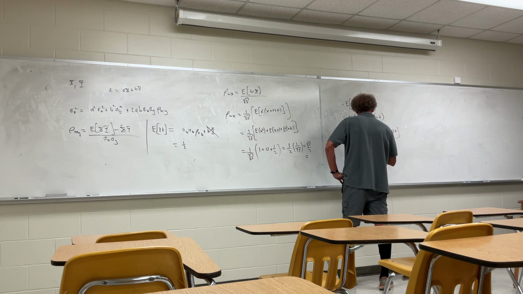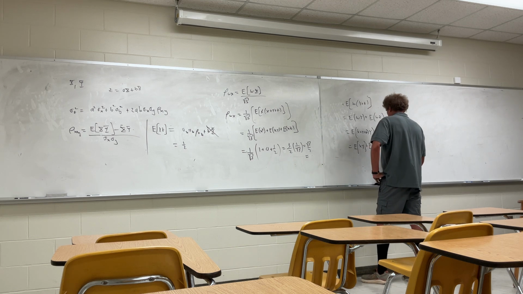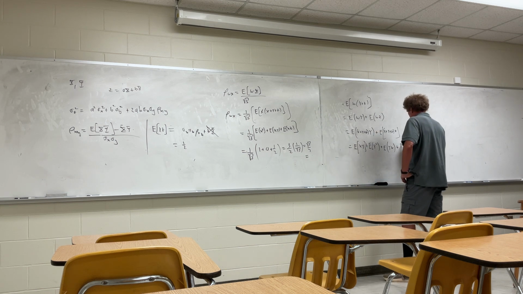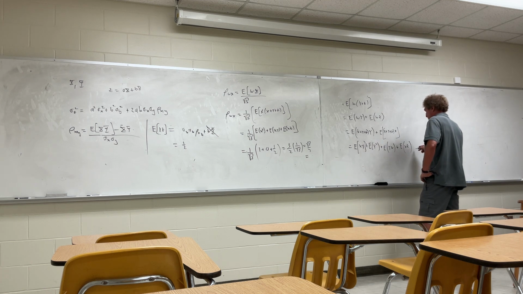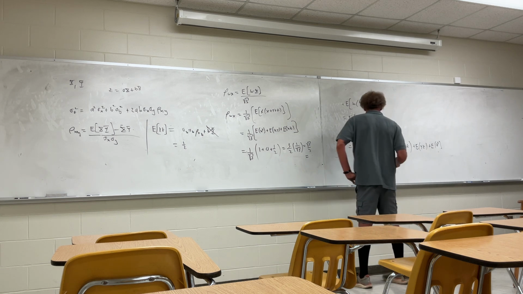So XY plus the expected value of Y squared plus the expected value of YZ plus the expected value of XZ, this is the long one, plus the expected value of YZ. I'm gonna try to cut to the chase on this one, plus the expected value of Z squared. I hope I didn't miss anything, but that's what we're looking for, right?